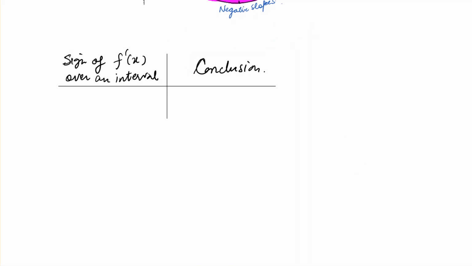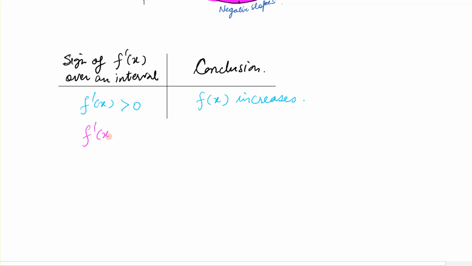If the derivative is positive over an interval, the function increases over that interval. On the other hand, if the derivative is negative over an interval, the function f(x) decreases in that interval.